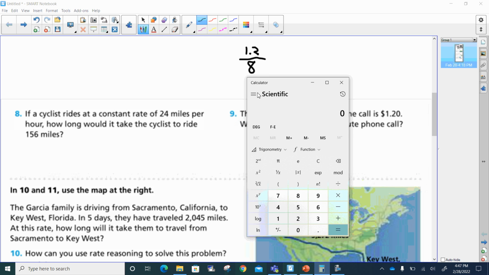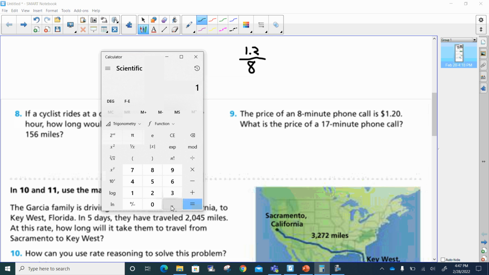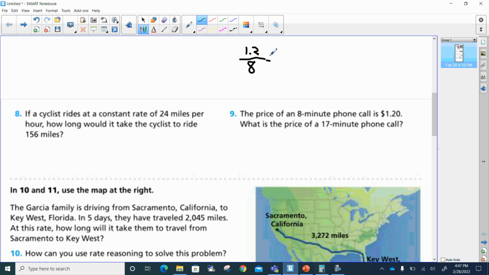I could divide that by 8, and that would give me 0.15. And then I could multiply 0.15 times 17 for 17 minutes, because this is telling me I'm paying 15 cents for every minute.